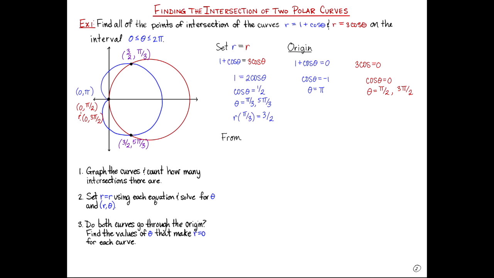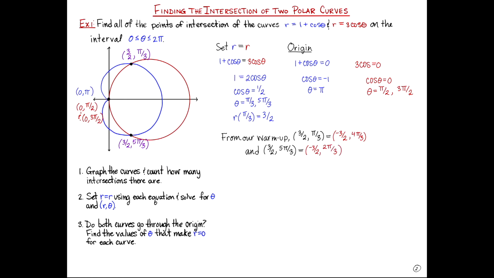From our warm-up, we know that (3/2, pi over 3) is the same point as (-3/2, 4 pi over 3). And we also found that the point (3/2, 5 pi over 3) is the same as (-3/2, 2 pi over 3).